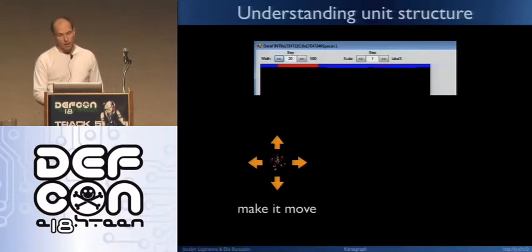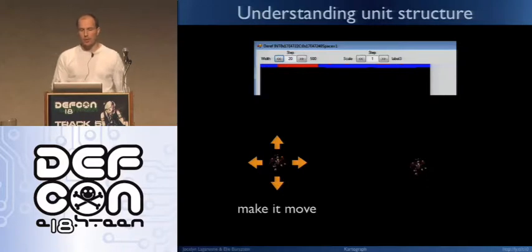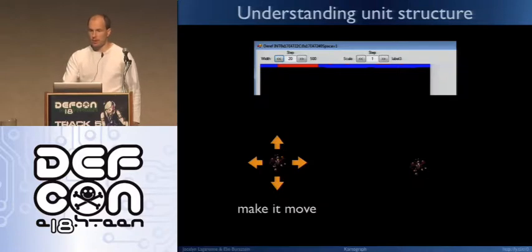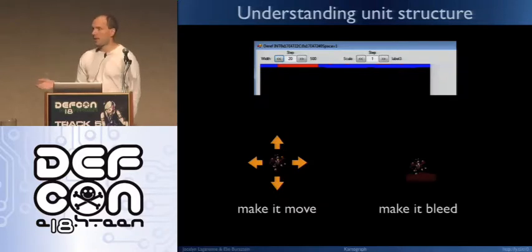Pretty cool hack. And the one we really like is we try to have invincible units, and the way we do that is we basically attack our own unit, and we make it bleed, right? So we shoot at them, and hopefully by looking at where the HP decreases we know where the HP points are. And as a result, you get something like this, right?